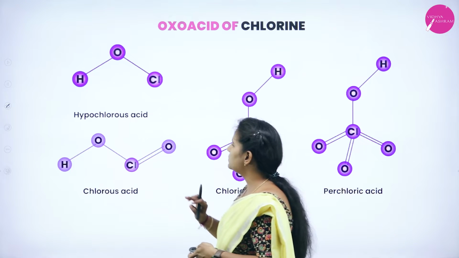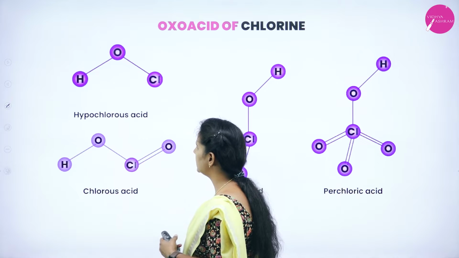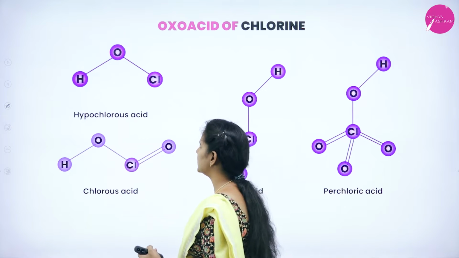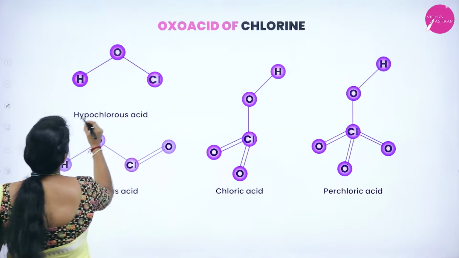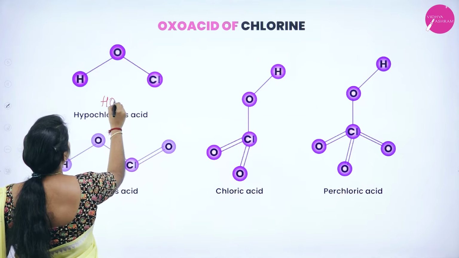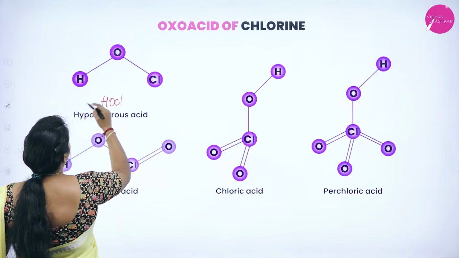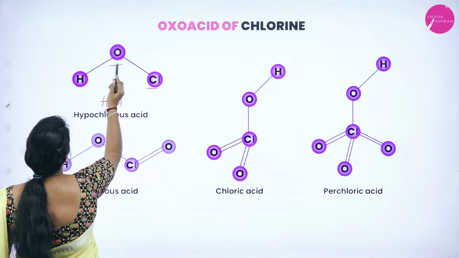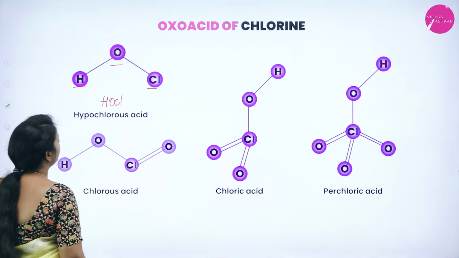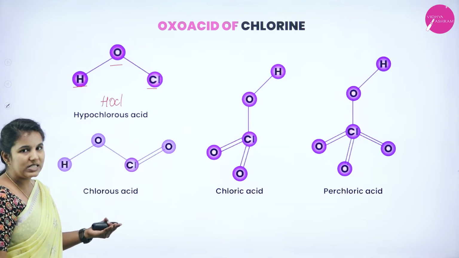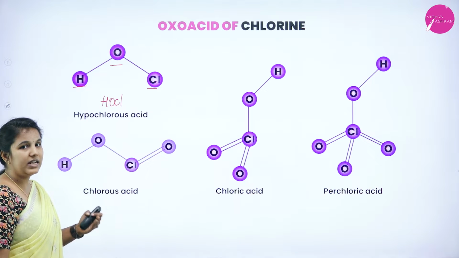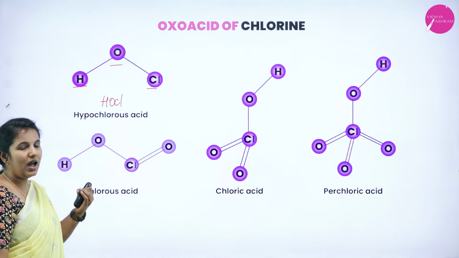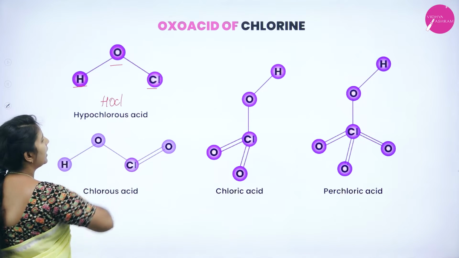The first one is hypochlorous acid. The general formula is HOCl, with one chlorine atom, one oxygen and one hydrogen. So what are oxoacids? Oxoacids are acids that consist of oxygen and hydrogen with a halogen atom.